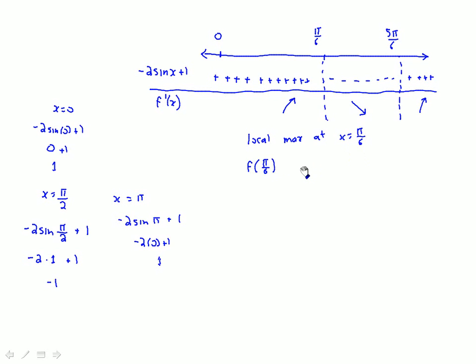We'll get 2 times the cosine of pi over 6 plus pi over 6. And that would give us 2 times root 3 over 2 plus pi over 6. And the 2's cancel, so we get root 3 plus pi over 6.